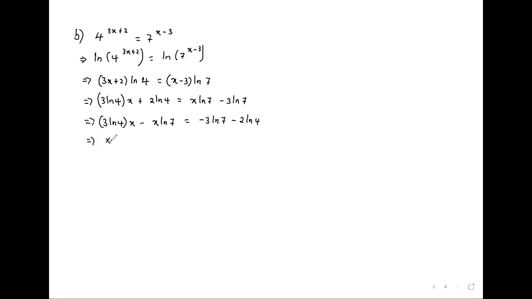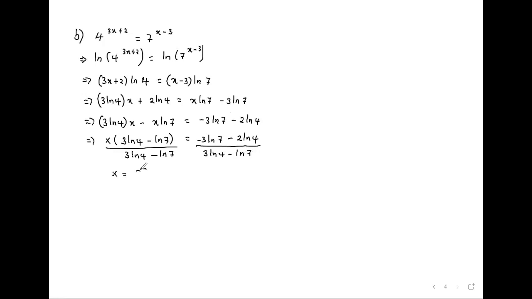We factor out x, so we get x times 3 ln 4 minus ln 7 is equal to negative 3 ln 7 minus 2 ln 4. Divide by 3 ln 4 minus ln 7.